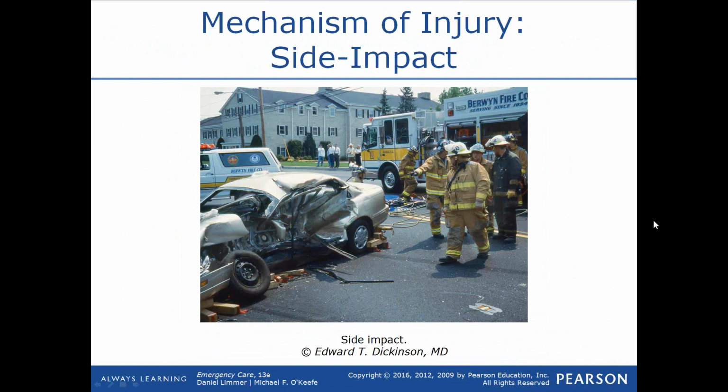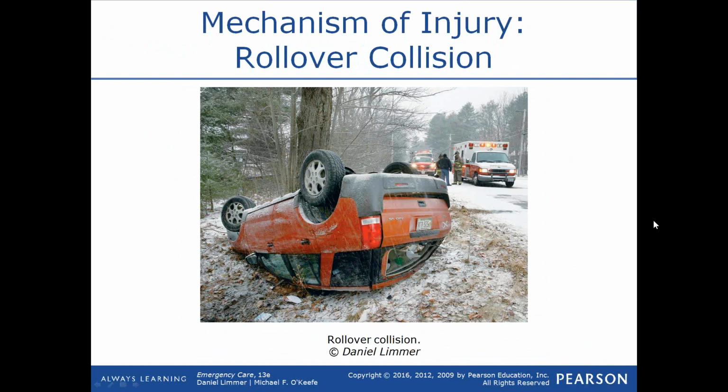There's a T-bone, a good example of a T-bone impact to a vehicle where the vehicle folds in. The driver in that particular case would potentially suffer all kinds of left-sided injury to their body, and if there was a passenger in there that was unbelted, they can slide across and crush the driver against the door.